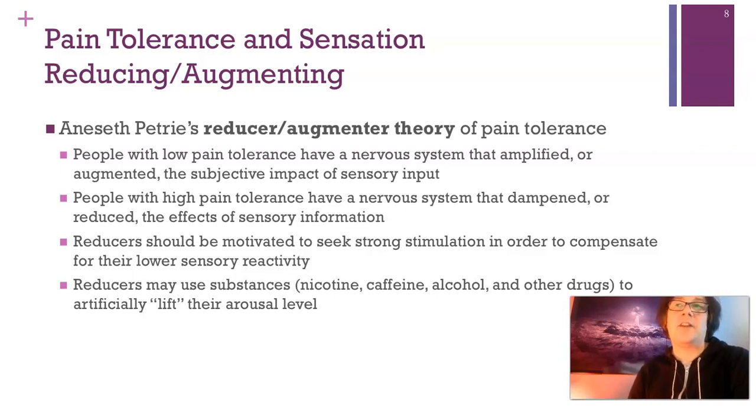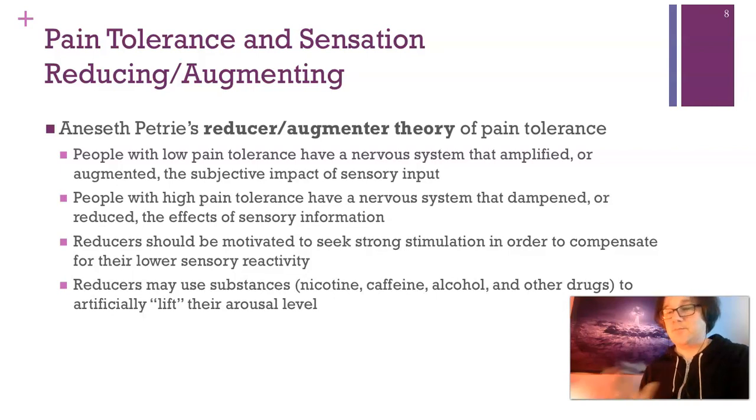And she developed a theory that people with low pain tolerance had a nervous system that amplified or augmented, let's say, sensory cues. So, in other words, people who have a low pain tolerance, who can't tolerate pain very well, actually have a nervous system that amplifies, that ups sensory inputs.